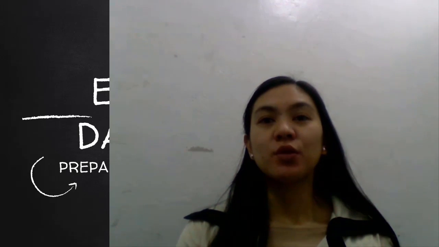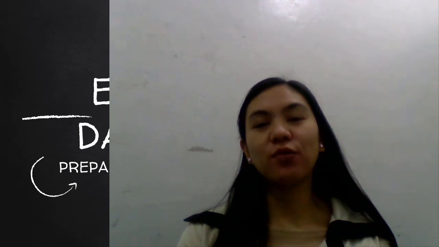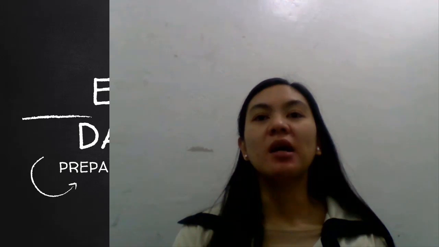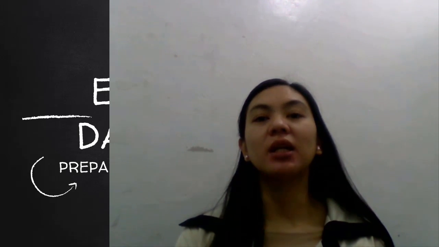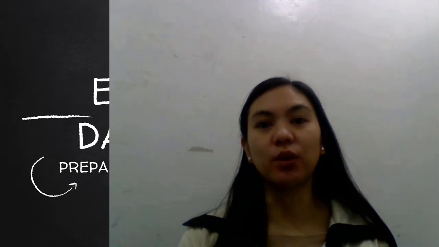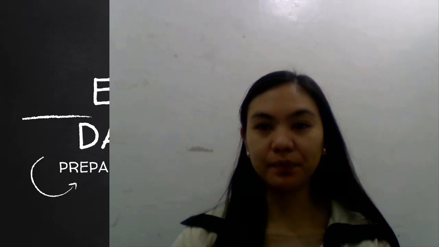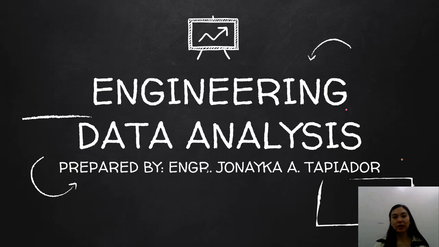So this is just a very short introduction about things that you would need to learn in order to pass this particular course. Again, this is the title of your course, Engineering Data Analysis, or we commonly refer to it as your EDA.